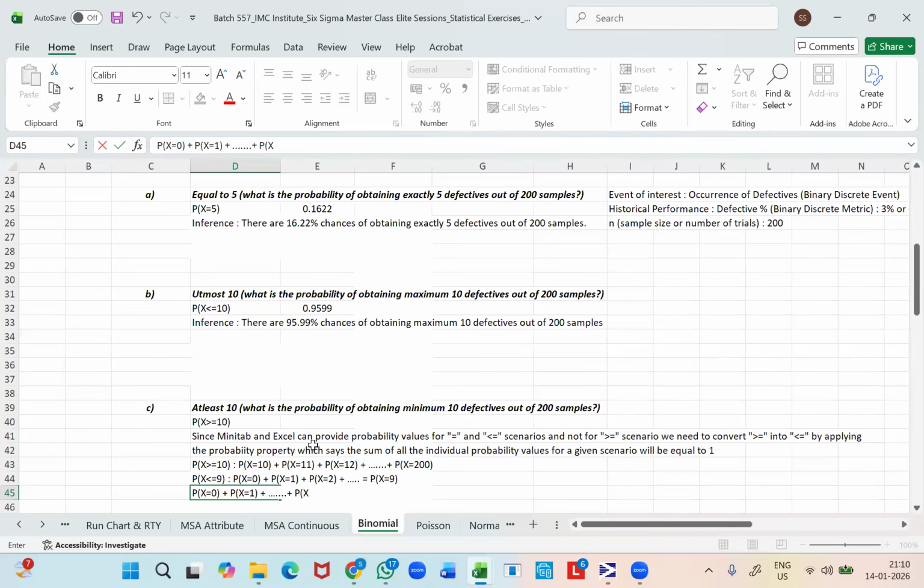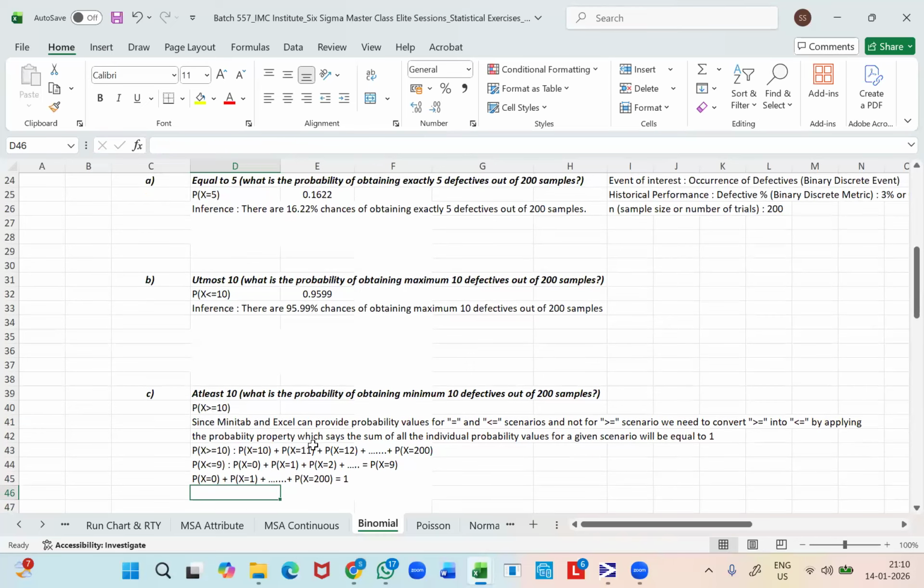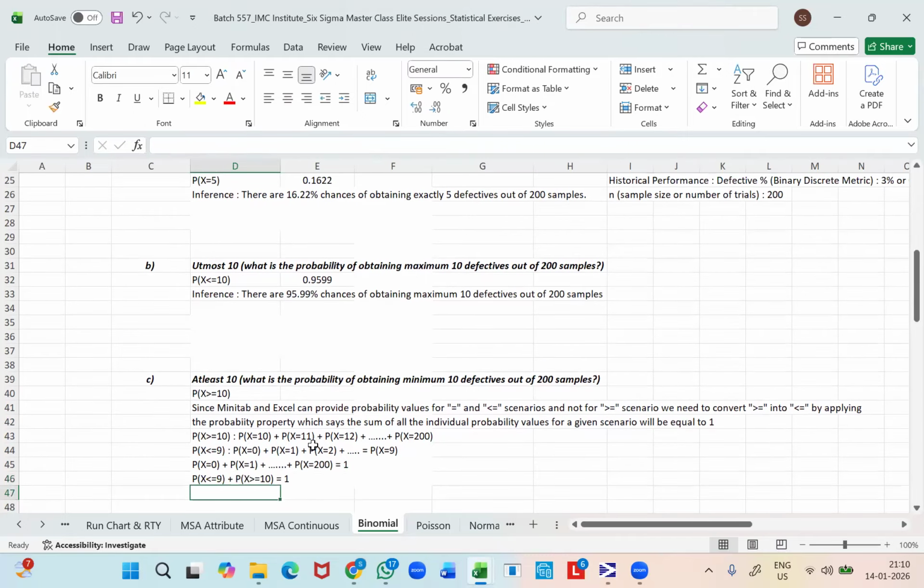So splitting this into two components, I can write this as P of X less than or equal to 9 plus P of X greater than or equal to 10 will be equal to 1.